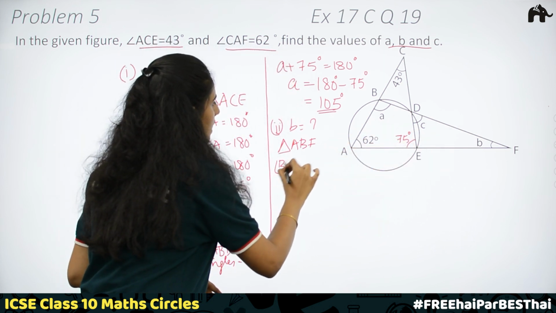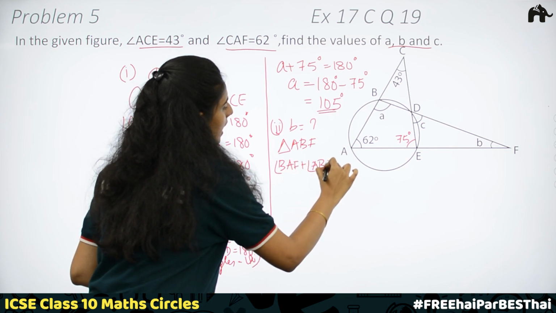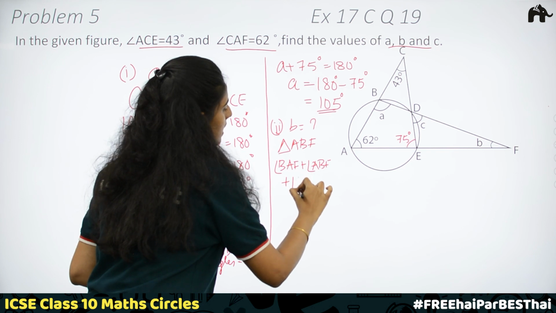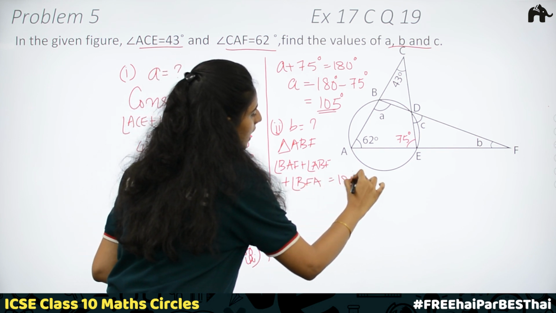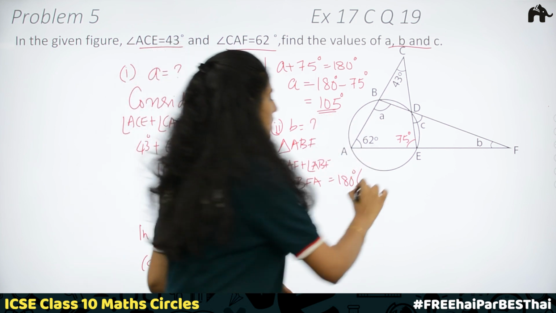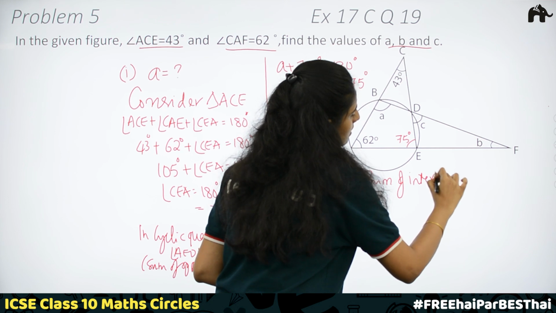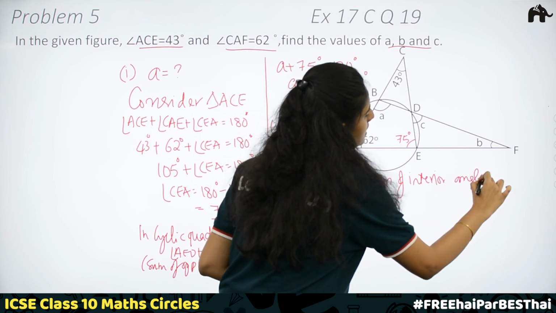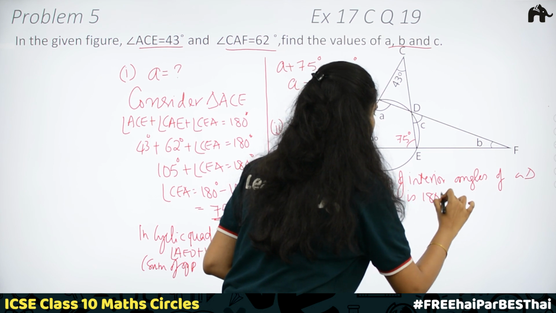Angle BAF plus angle ABF plus angle BFA is equal to 180 degrees. What is the reason? Sum of interior angles of a triangle is 180 degrees.